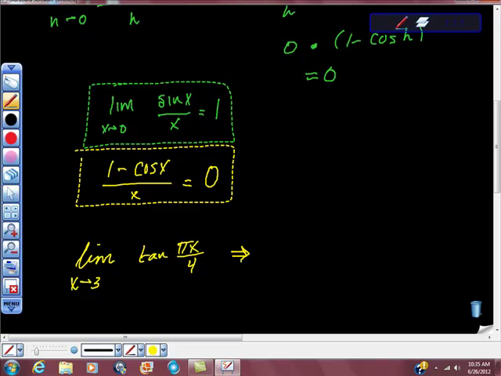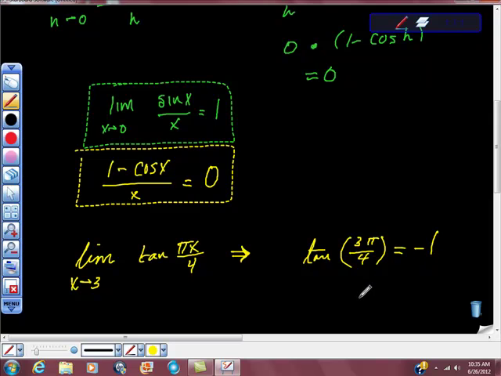This is one of those ones I was trying to warn you about, that just see if you can evaluate this. So what we want is this. Do we know what the limit of 3 pi fourths is equal to? Right? What is tan of 3 pi fourths? And tan of 3 pi fourths is equal to -1, I think, isn't it?